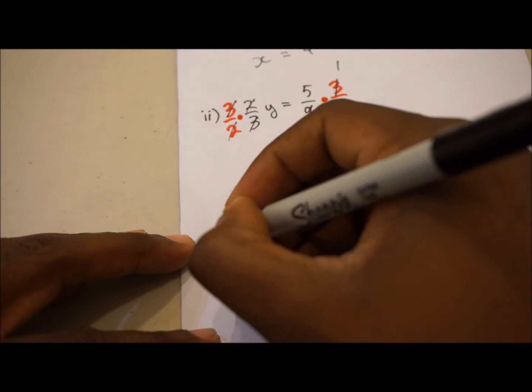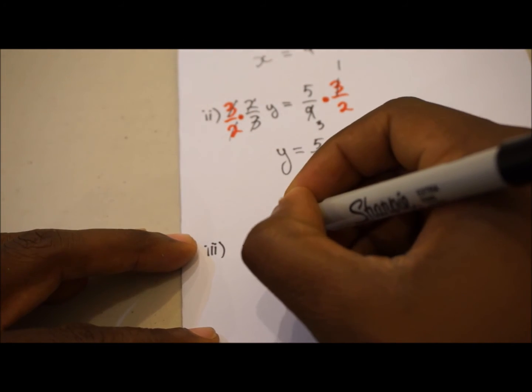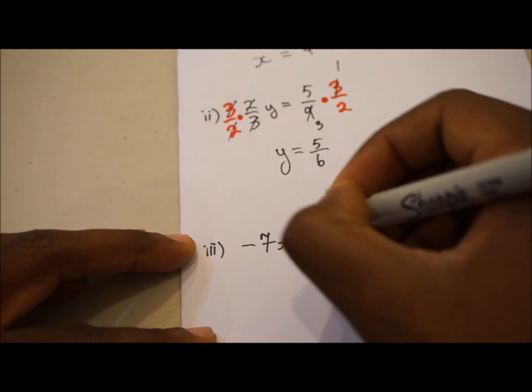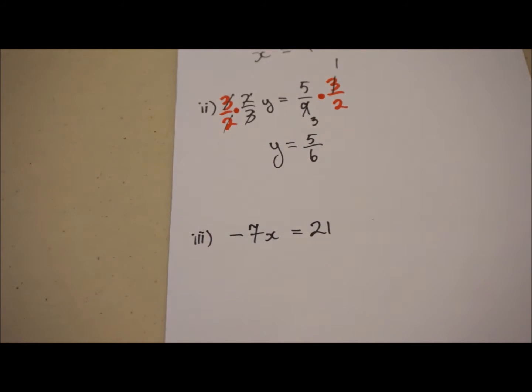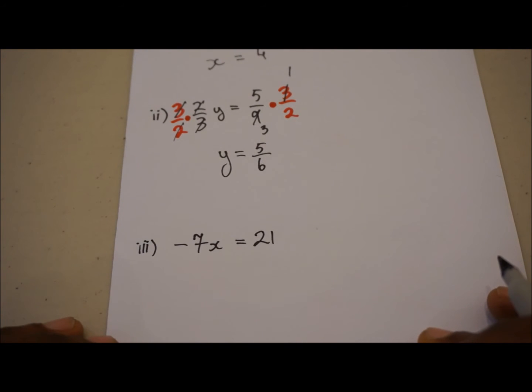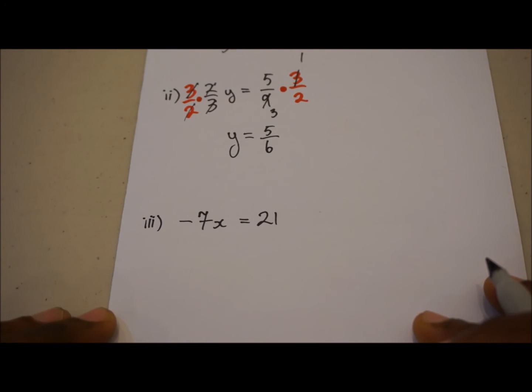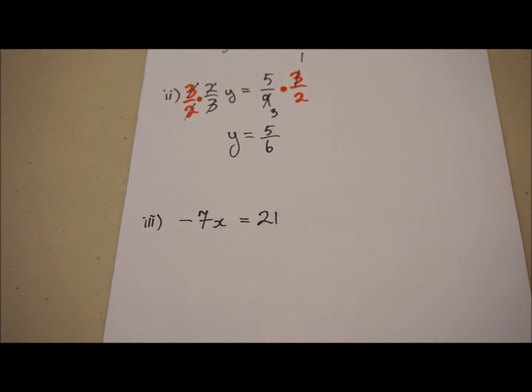Last example. -7x equals 21. What is x? We apply our same principle, and our principle is that we want x by itself. If I want x by itself, there's a -7 multiplied to the x.